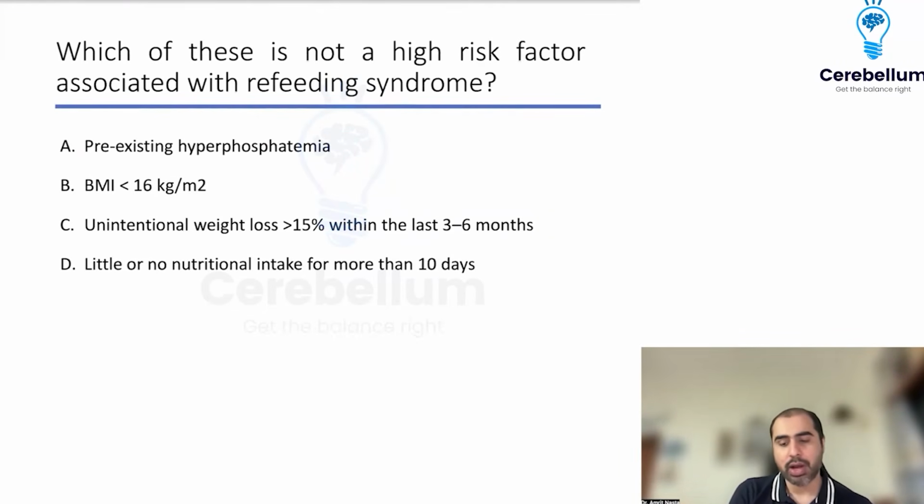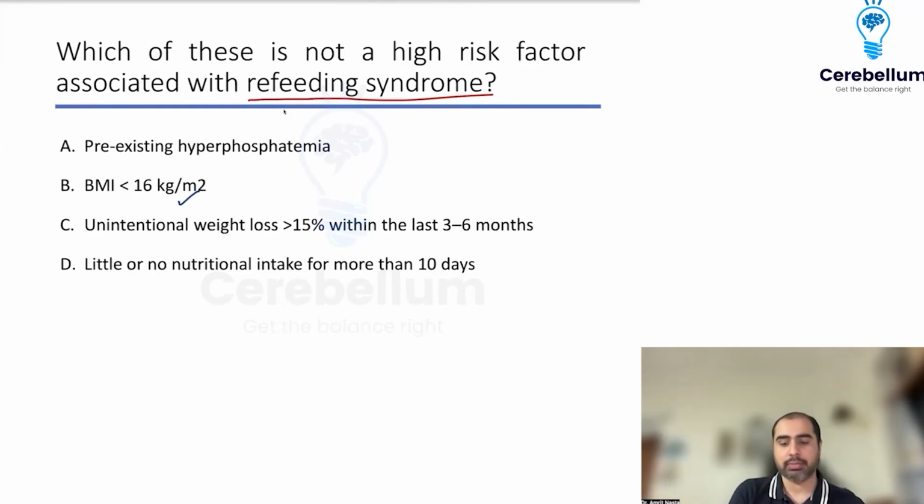Which of these is not a high risk factor associated with refeeding syndrome? You know, I always say these kind of questions will come. Then they come in the exam, and then students say, "Sir, you had said this." But this came in the exam in INI-CET. They asked, what is the mechanism of refeeding? So, who is at risk of refeeding?